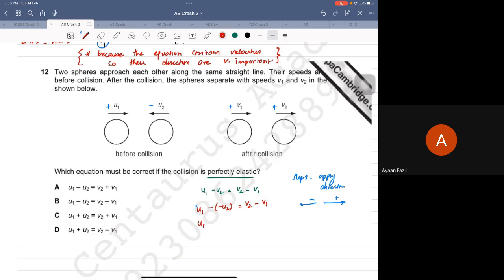This is going to be u1 plus u2 equals v2 minus v1. Can you see any option that corresponds to this one? Yeah, D, that would be the answer, and it's very simple to use if you remember this equation. All right, is it clear?